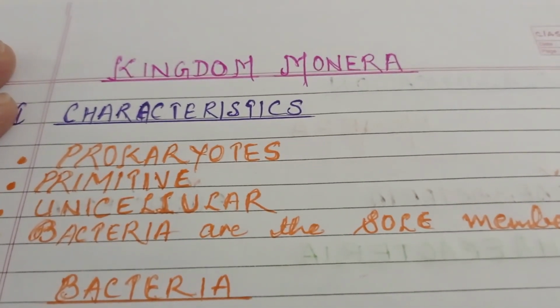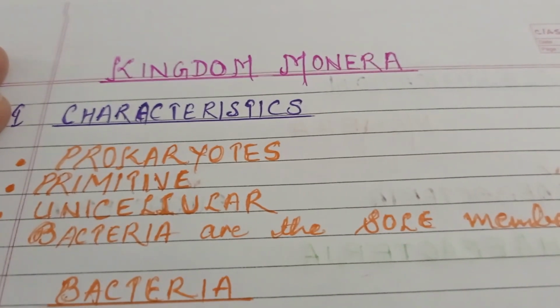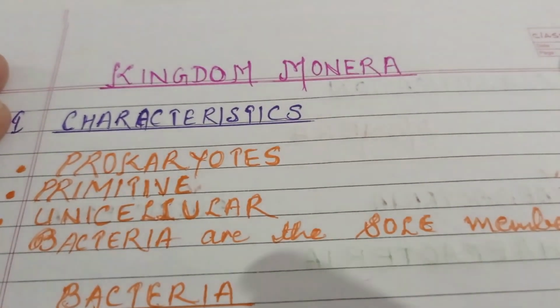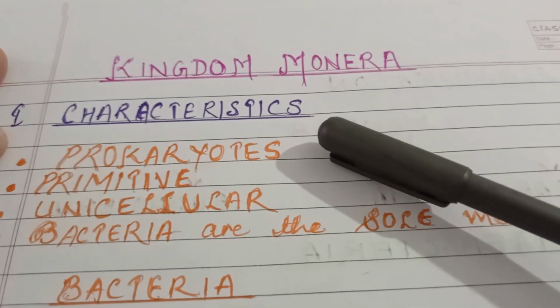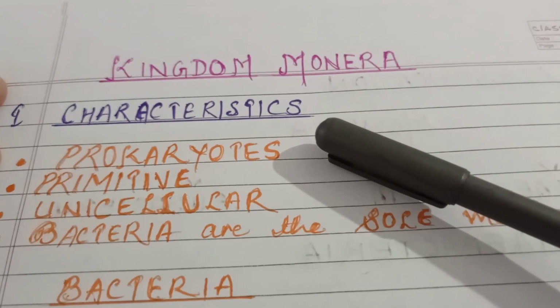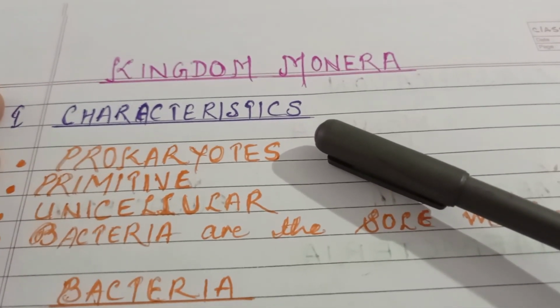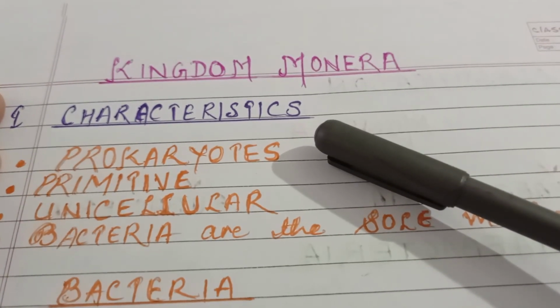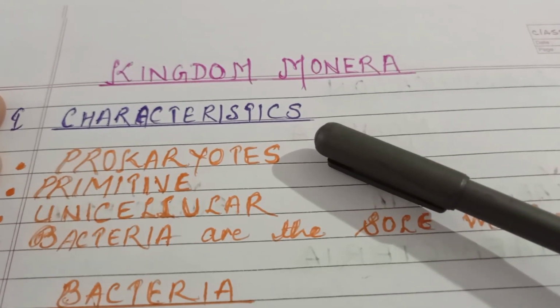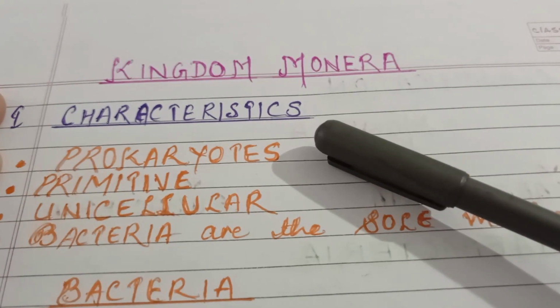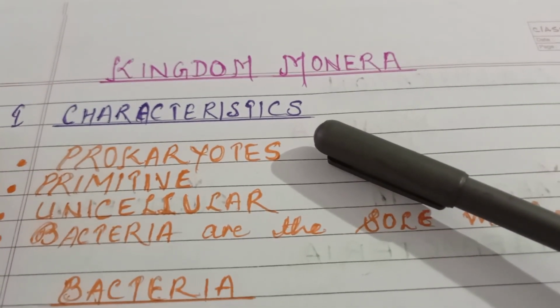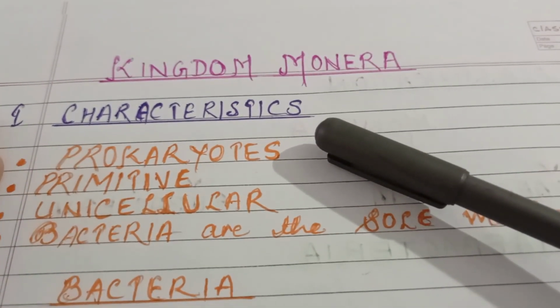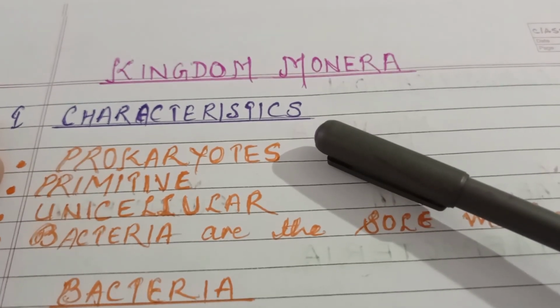So what are the characteristics of Kingdom Monera? You can see they are prokaryotes. In our last video, I have told you that the very first Kingdom, Monera, was prokaryotic in nature. The cell type is prokaryote. Now, what is a prokaryote? What does it mean?